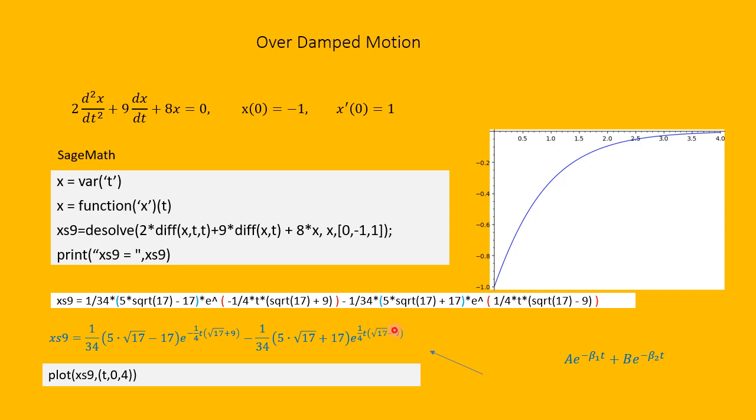And notice that the square root of 17 minus 9, which occurs here, is a negative number. So this is e to a negative number times t. Over here, square root of 17 plus 9 is a positive number, but we have a negative sign here. And so we have e to the minus a number times t.